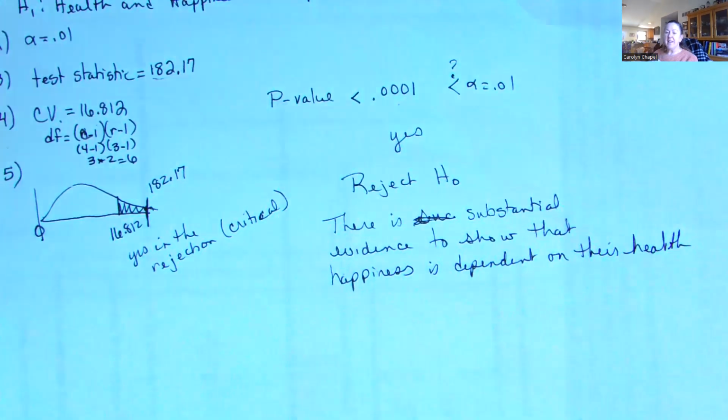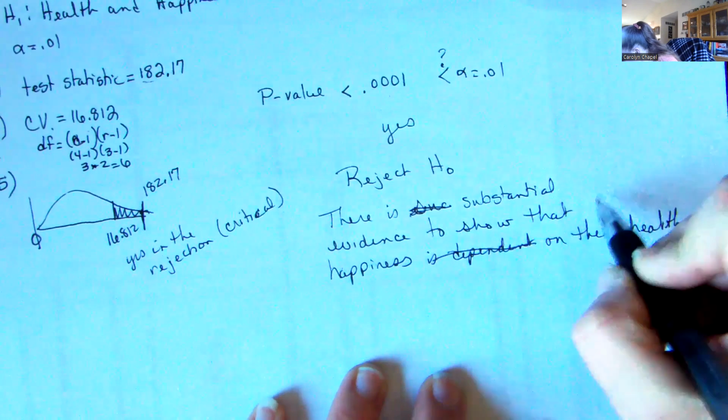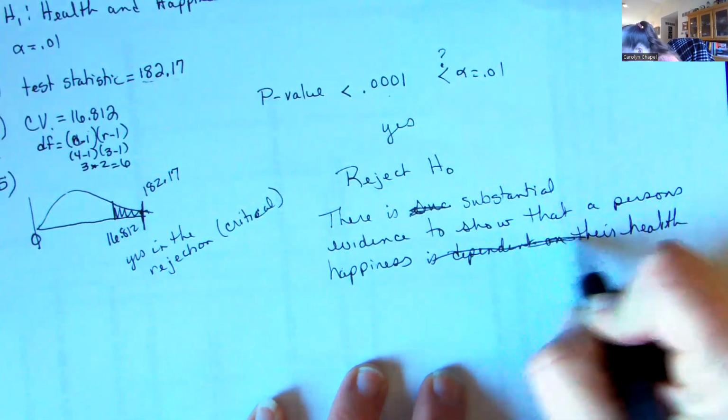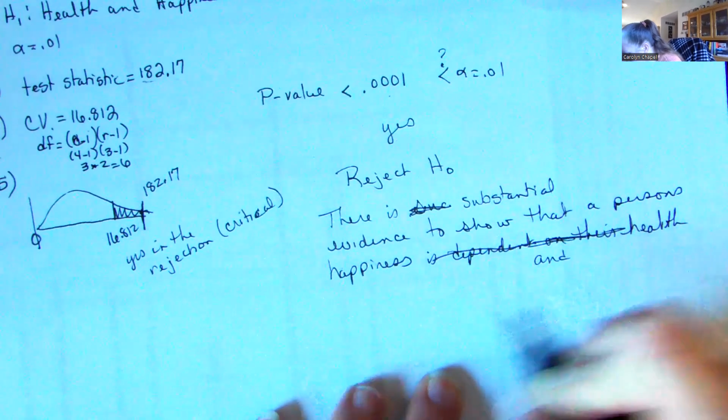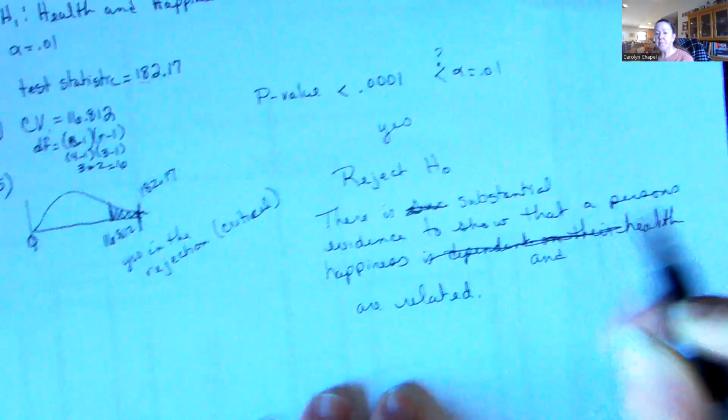Or maybe that sounds backwards, because I don't know if their health is dependent on the happiness or that a person's happiness and health are related. That might be a better way of saying it.